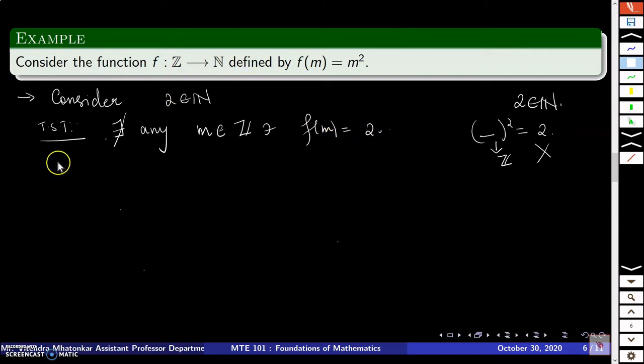Now if you look at f of 0, f of 0 is how much? That's 0. F of 1 is 1, and f of minus 1 is minus 1 square, that's 1, right? So 0 is not mapped to 2, 1 is not mapped to 2, minus 1 is also not mapped to 2, right? So all these points are not mapped to 2, that is clear.